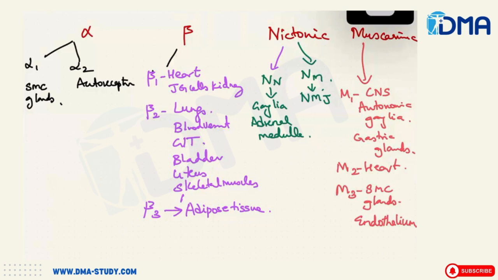Now coming to the drugs which are acting at the level of these receptors. Whenever the particular chemical acts directly at the receptor and produces a positive effect, it is called sympathomimetics.